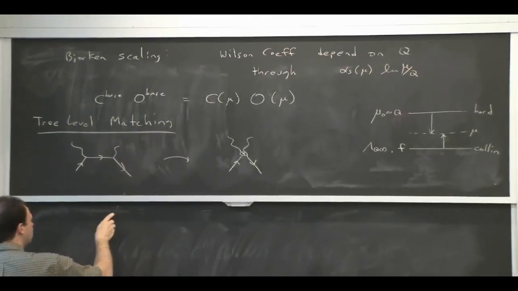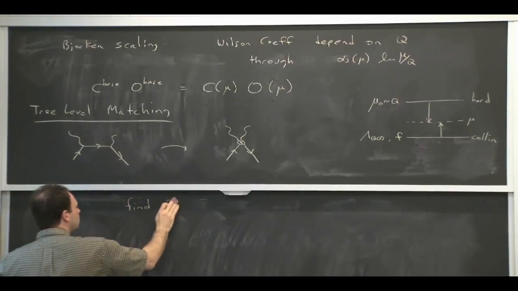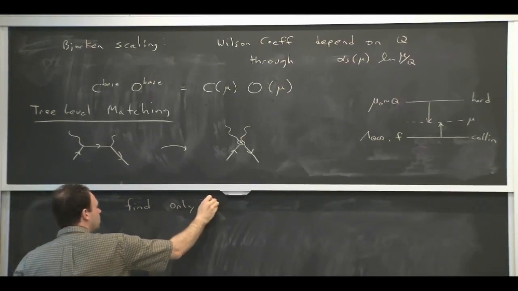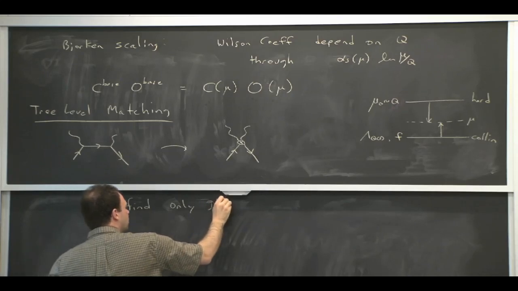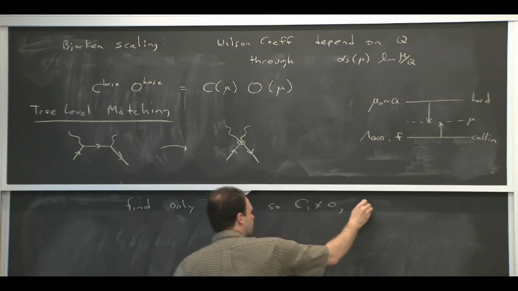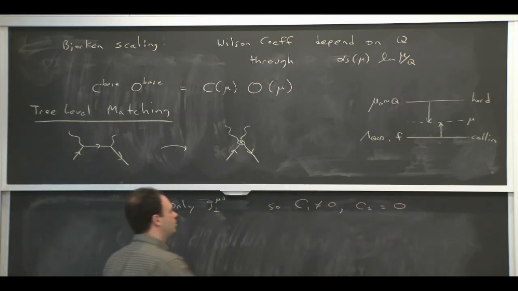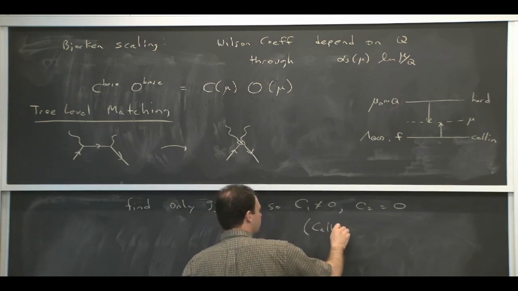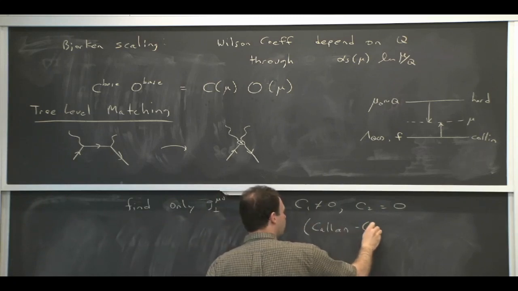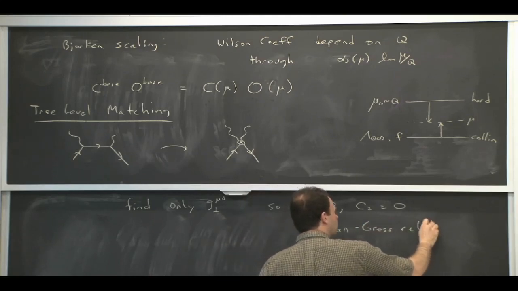And what you find is one tensor structure at lowest order. So C1 is not equal to 0, C2 is equal to 0, and that's the Callan-Gross relation, which tells you about the spin of the object that you're scattering off. And this is how we know that quarks are spin a half, or one way we know.